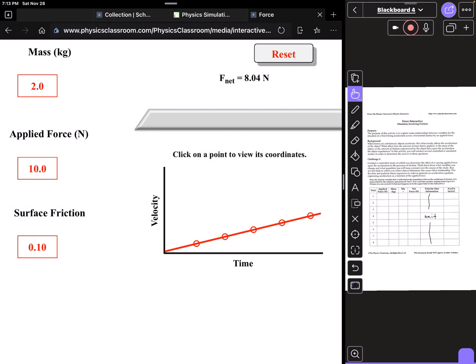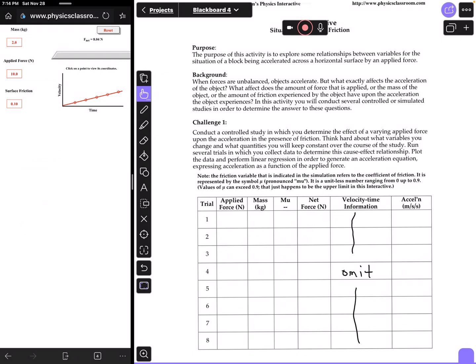And then again, I'll calculate acceleration using F net equals M times A. If I just put these numbers in: for my applied force, in this first one I used 10. For my mass I used 2. For my mu, which was my friction, I used 0.1.